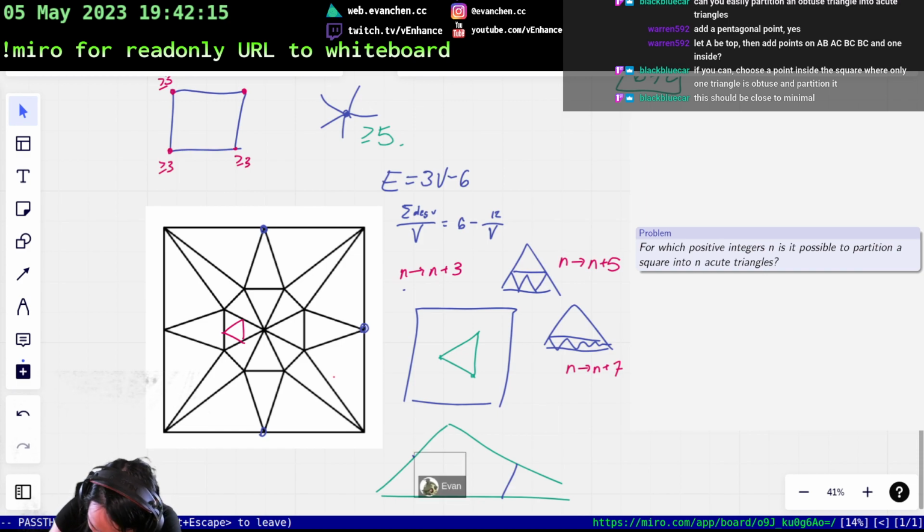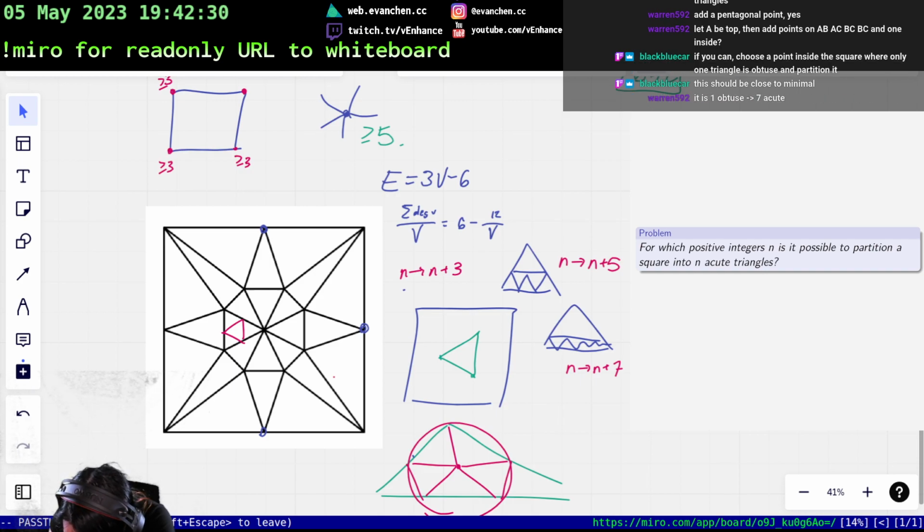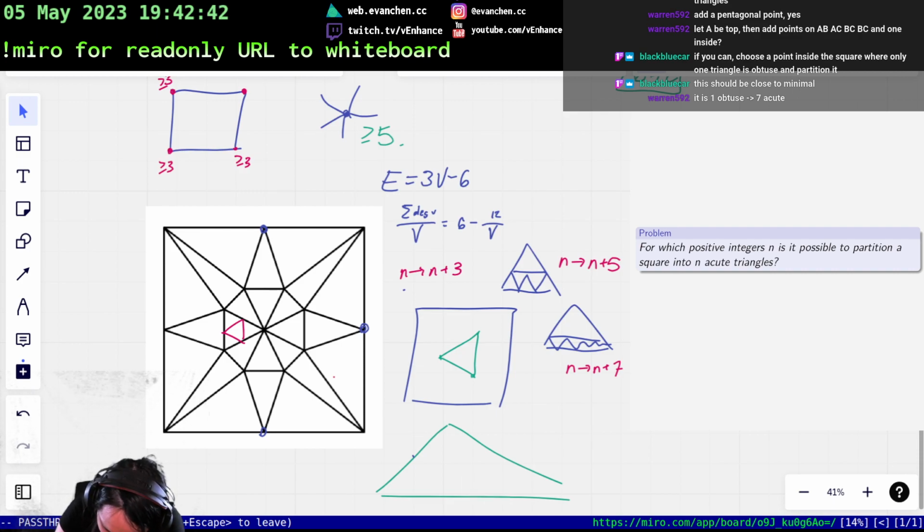Here, how do I... I feel like it's probably possible. Oh, okay. I need to get the angles exactly right somehow. Okay, wait. I believe this should be possible.